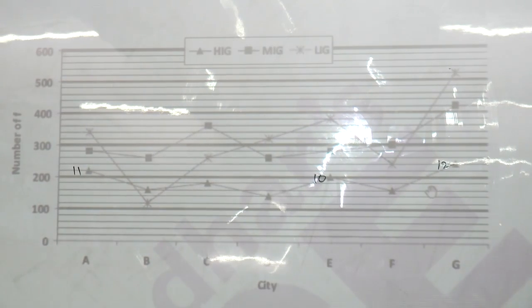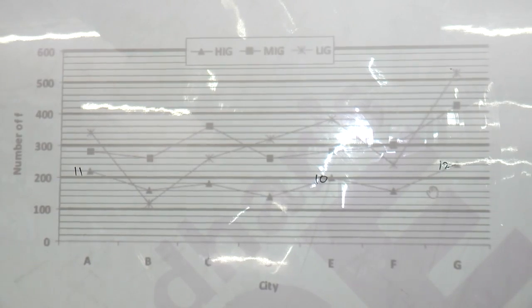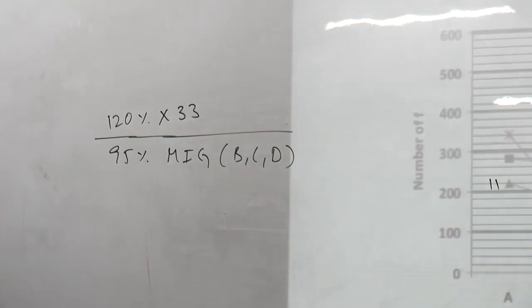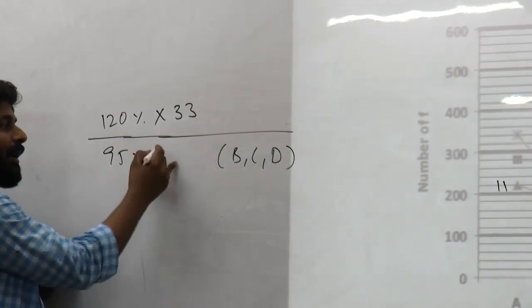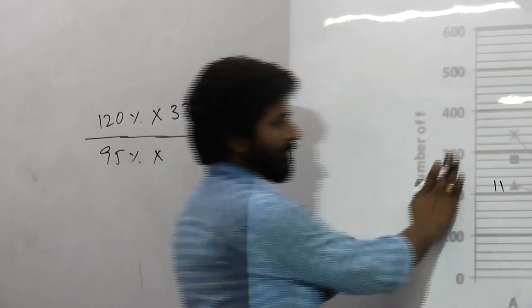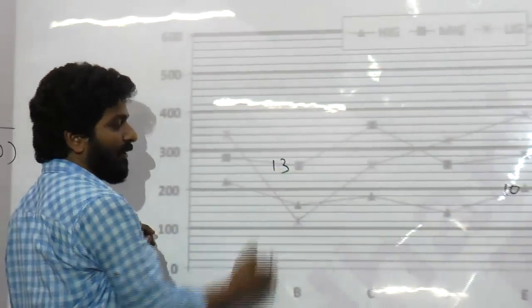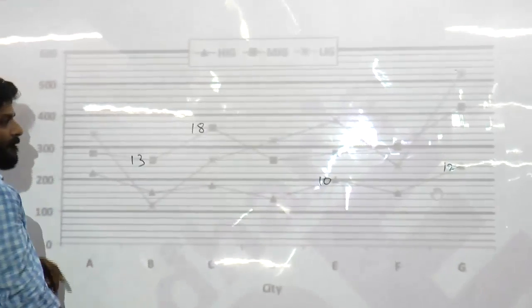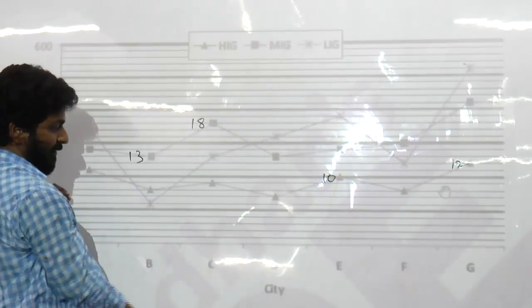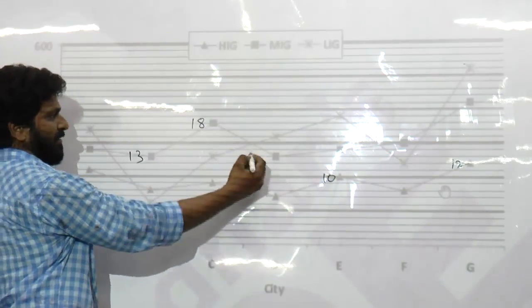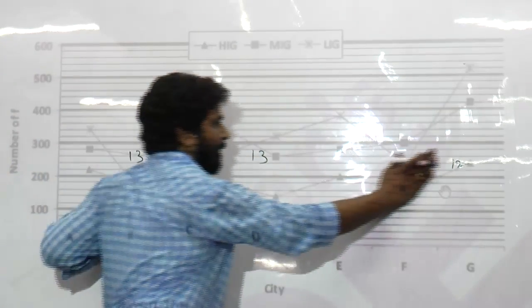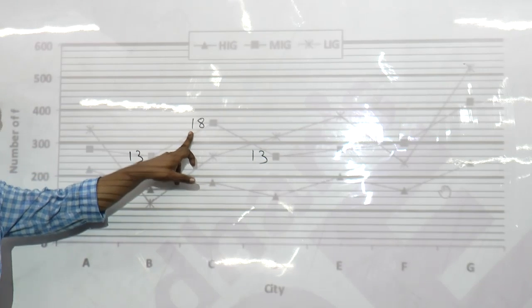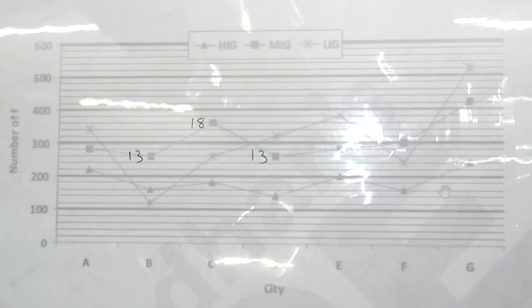So 120% of 33. Just hold it. You can see many options. Fine, let's do it. And MIG, B, C, D: this one 13, 18, and for D, 13 again. 13, 13, 26, 44.